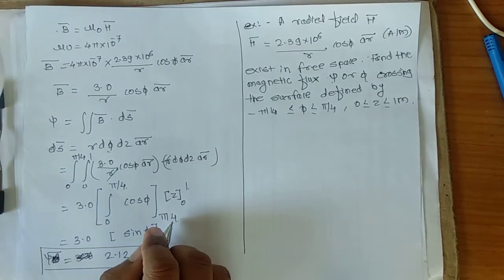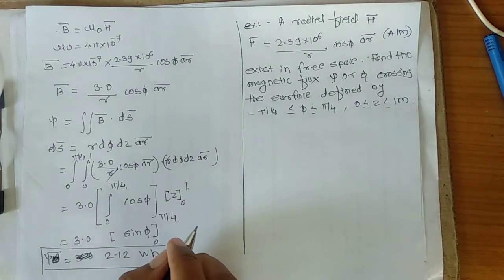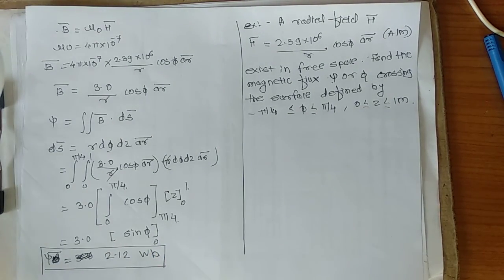So it is a similar problem, and the only change is the limits, minus pi by 4 to plus pi by 4, and you have to find how much magnetic flux is passing through that surface area.